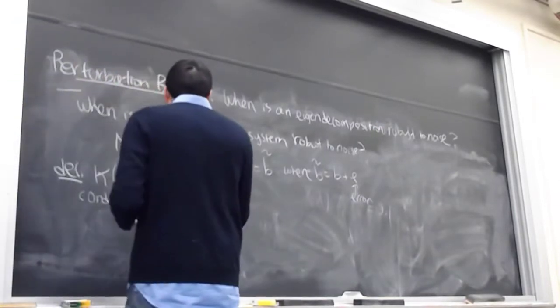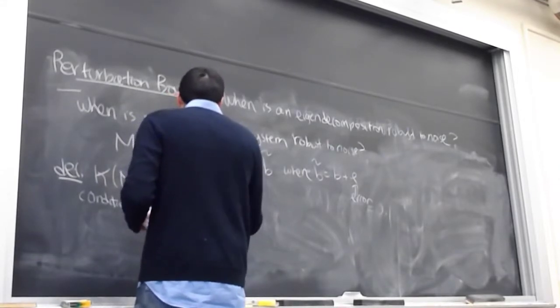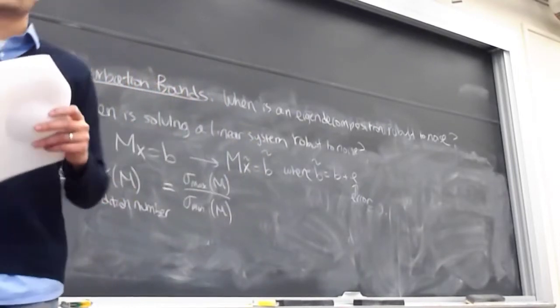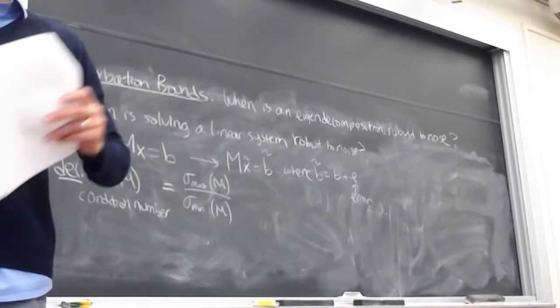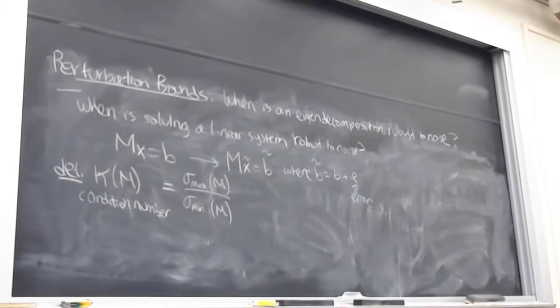It has a very simple description, especially once you've introduced singular values. It's just the ratio of the max to the min singular value. That's the condition number.